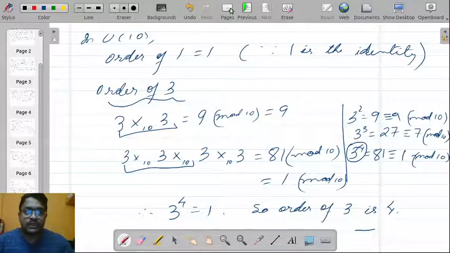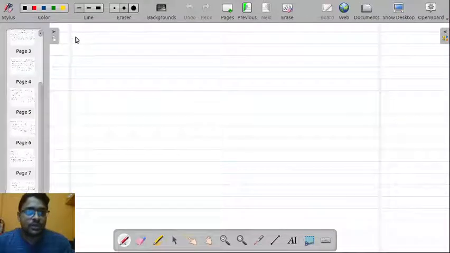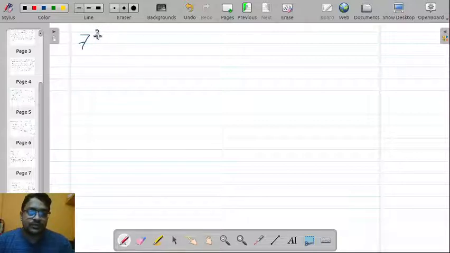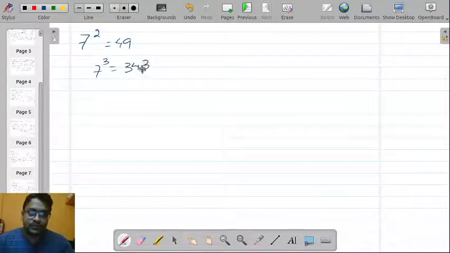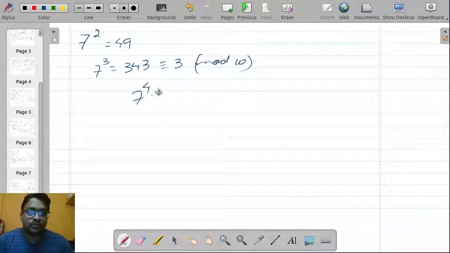Then let us see whether we can find the order of 7. So for 7, what do you see? 7 squared is 49. If we divide by 10, the remainder is not 1. 7 cubed is 343. If you divide by 10, its remainder is 3, so this is congruent to 3 modulo 10. What about 7 to the power 4? We don't have to multiply with 343.